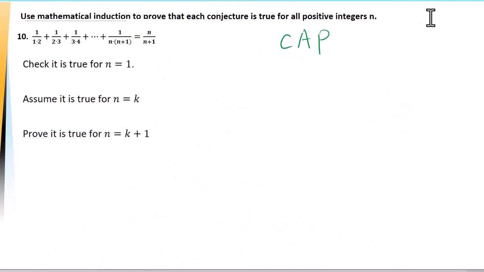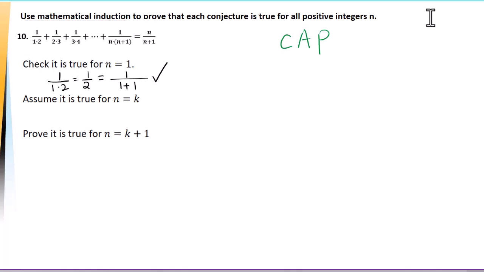Go to question 10. Check it is true for n equals 1. On the left side, the first term is 1 over 1 times 2 equals 1 over 2. Change n into 1 on the right side: 1 over 1 plus 1.